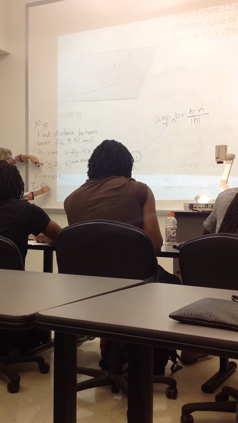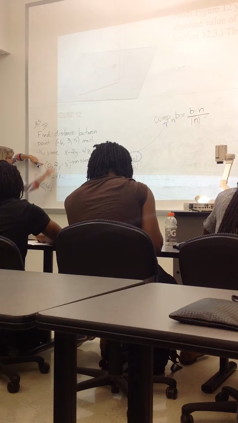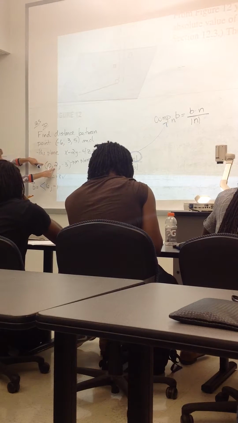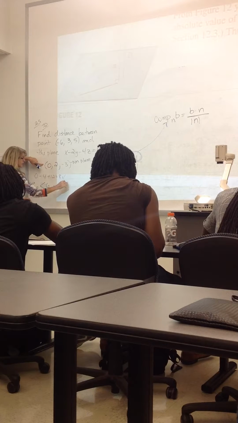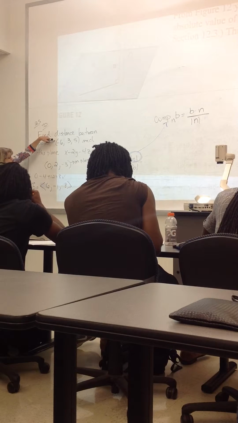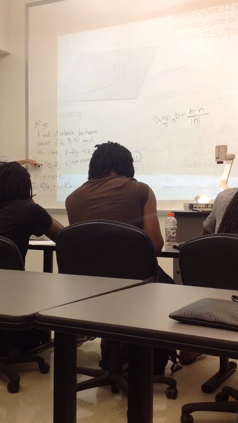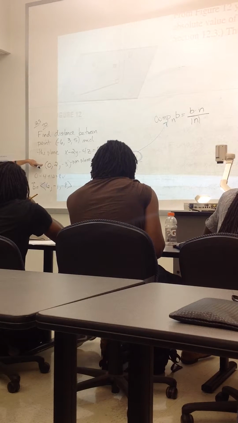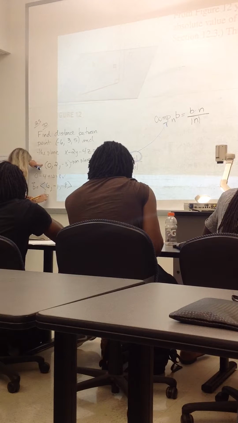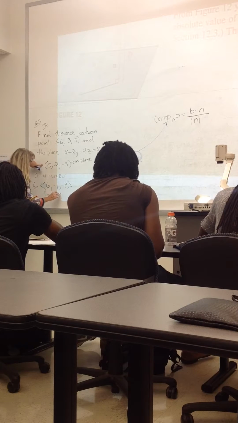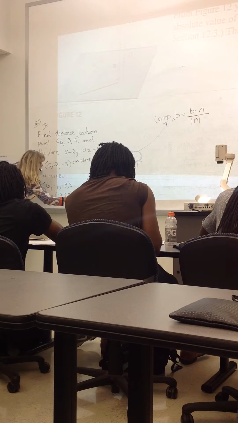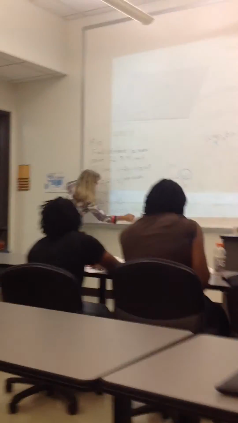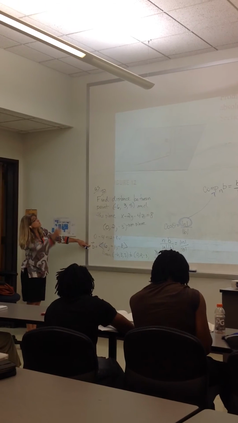So I went up 6, I went down 1, and then I went down 8, to go from the point out in space to the point on the plane. So this is from -6, 3, 5 to 0, 2, -3. That's my vector B in the picture.